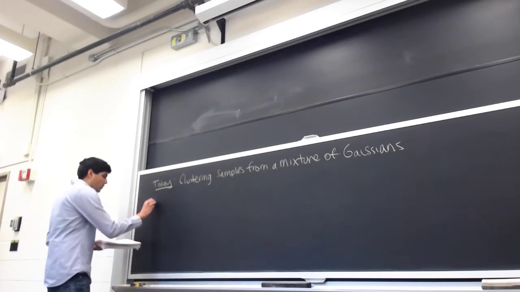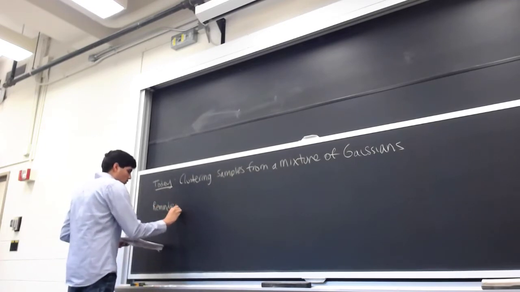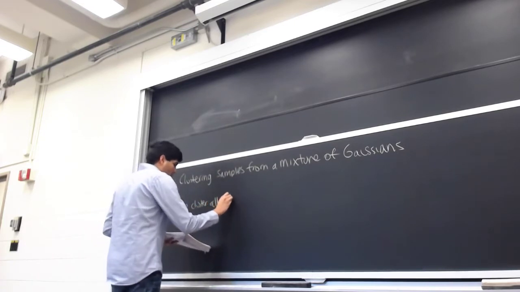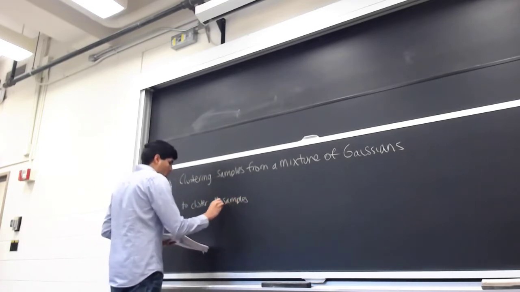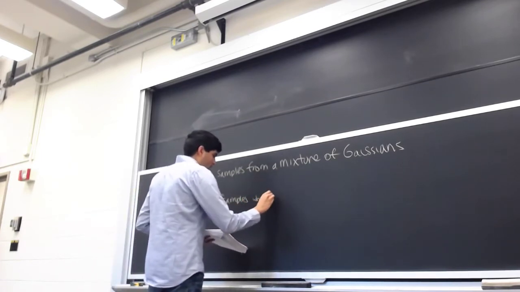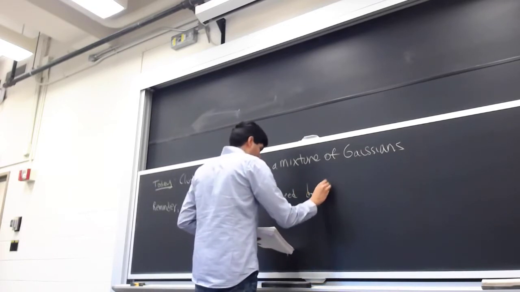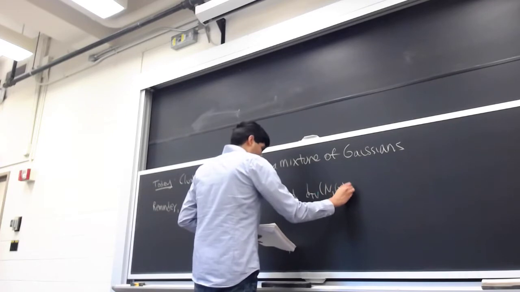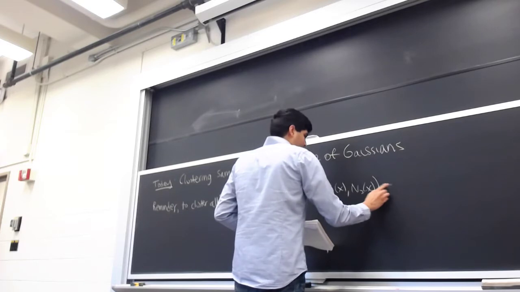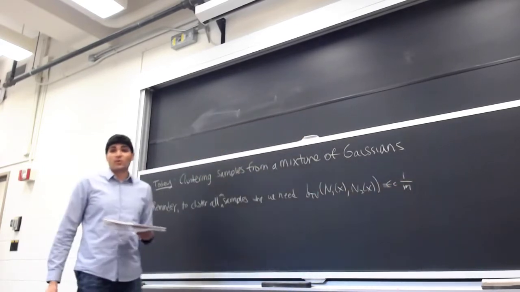So, a quick reminder: to cluster all, let's say all m samples, with high probability, we need that the total variation distance between the two Gaussians, the PDFs rather, is much smaller than 1 over m to have any hope of doing that.